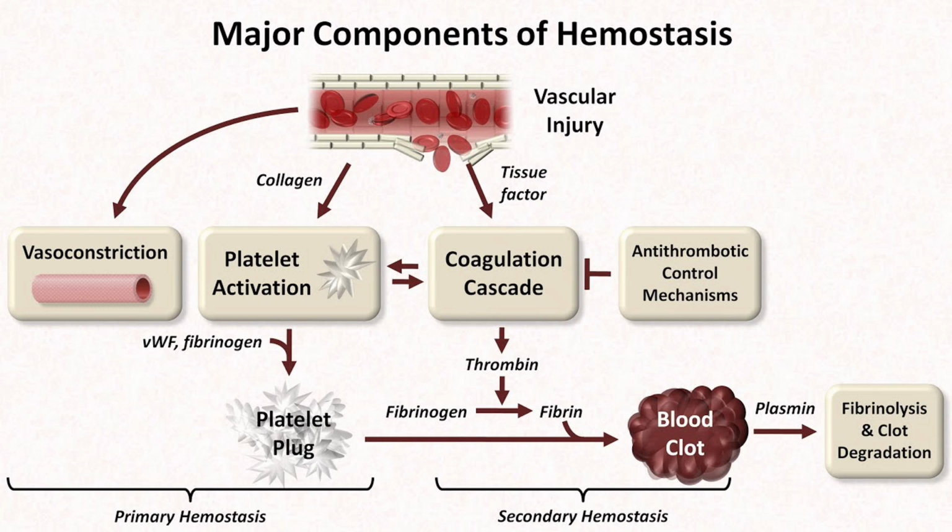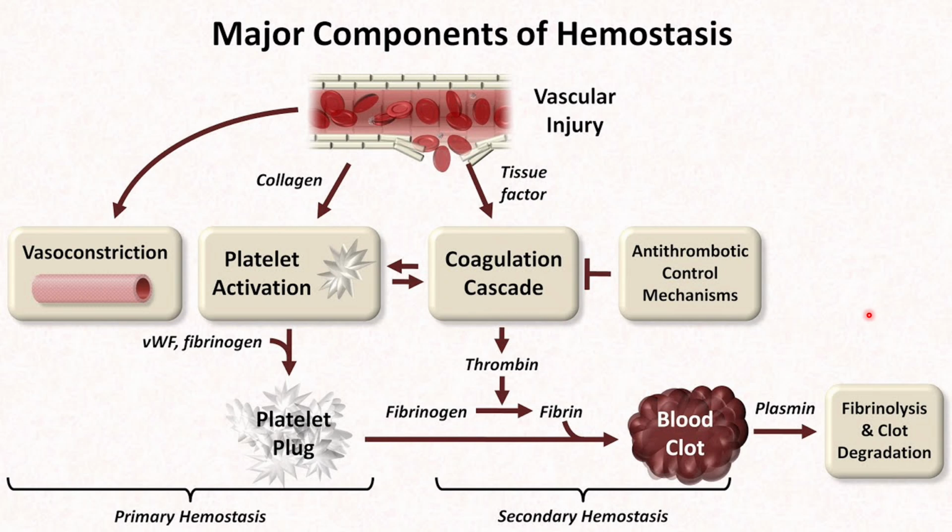There you go. We are back to the diagram from when I started hemostasis. When you have the fibrinogen converted into fibrin and you form a clot, the clot cannot stay there. The clot will have to be dissolved so that it will be replaced by normal tissues.